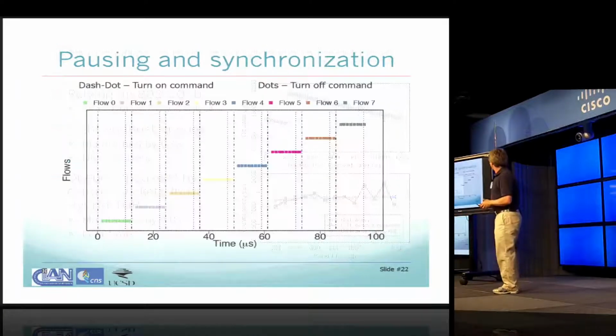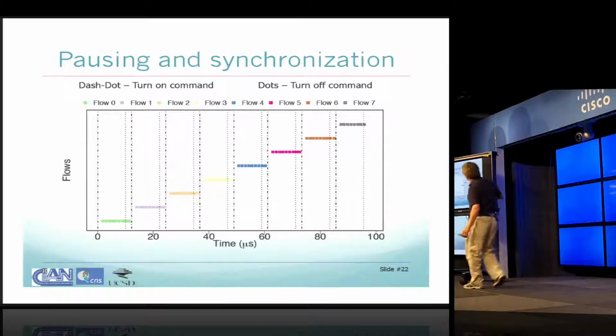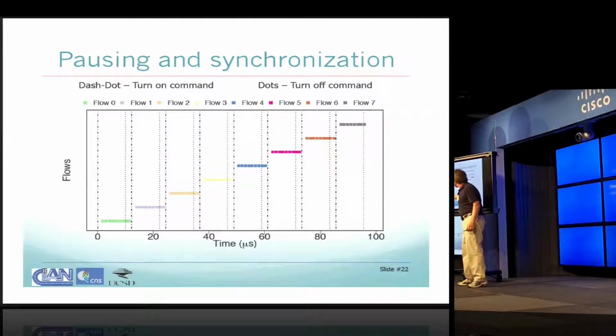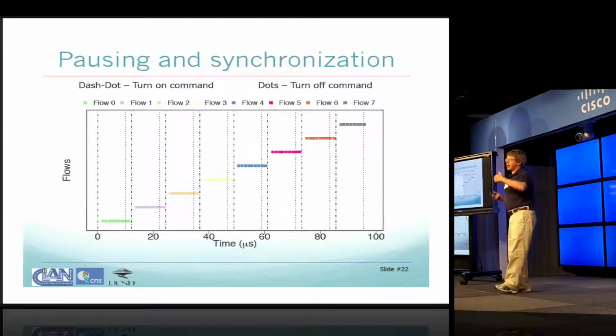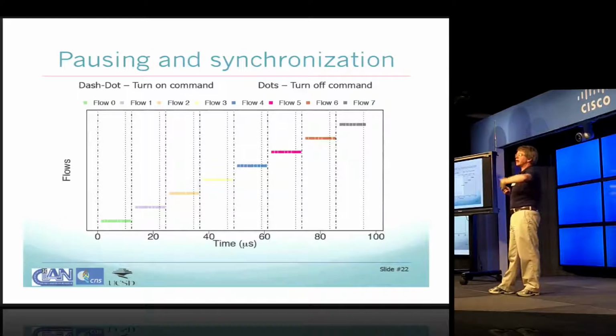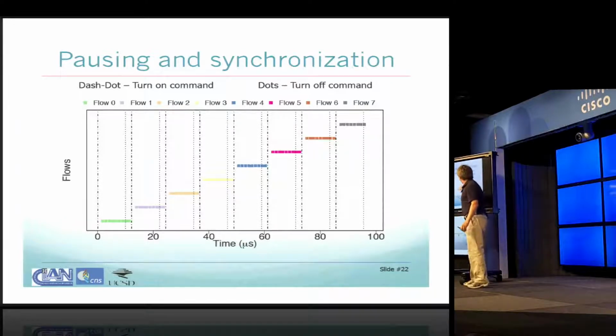So if you look at what this looks like when you actually try to pause these queues, hopefully you can see this. The dash-dot line is when I tell it to turn on. You can see there's a little bit of latency from the time I ask it to turn on until it actually turns on. And the dots are the turn off command. So what you're seeing here is a sequential polling of those queues coming out of the end host NIC going up to the electrical circuit switch. And these are the 8 queues that we have.